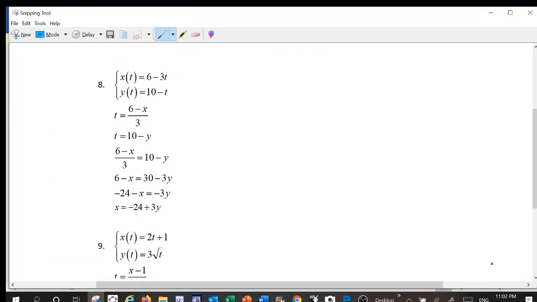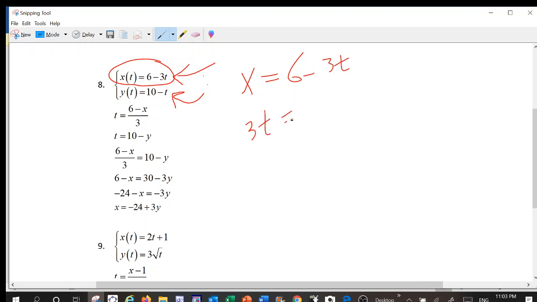Well, we have to be able to solve for t in one of them, and substitute it in the other. So here, to solve for t is easy. Just write x equals 6 minus 3t. Move the 3t to this side, and move the x to the other side, and then divide by 3.